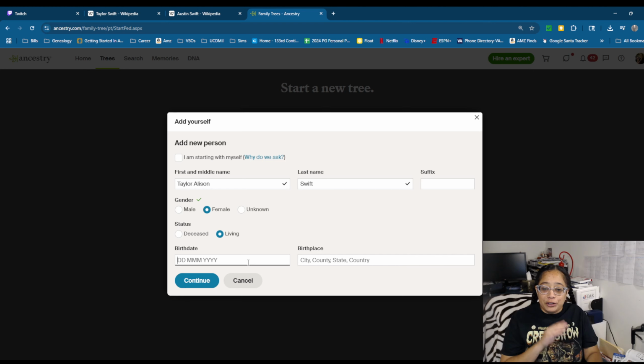You can put a birth date into Ancestry a couple of different ways and it will come up. If you do December 13th, 1989, it will automatically reformat it to day, month, and then year. And then we're going to say West Reading, Berks County, Pennsylvania.